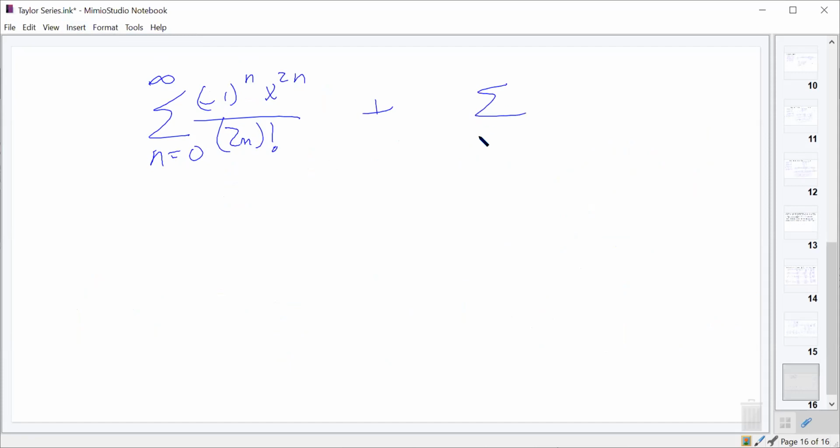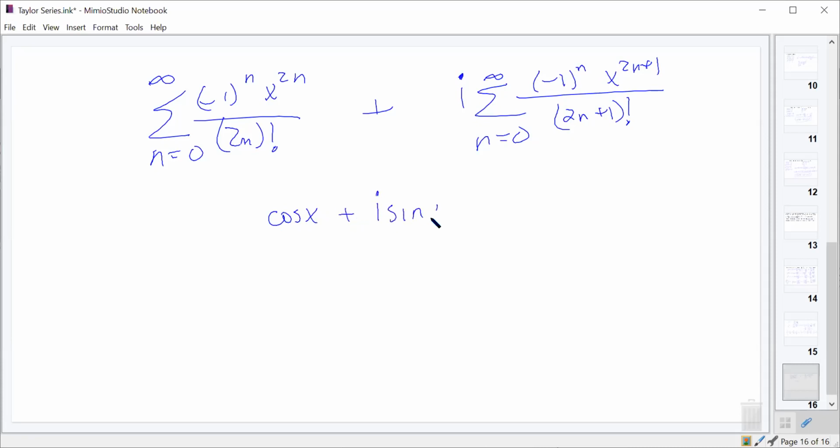We had sine x, which was the sum from n equals 0 to infinity of -1 to the n, x to the 2n plus 1 over 2n plus 1 factorial, times an i. And they all have an i, so I'm just going to put that i out in front. Like somebody just said, this first series is cosine x, and this series is i sine x.